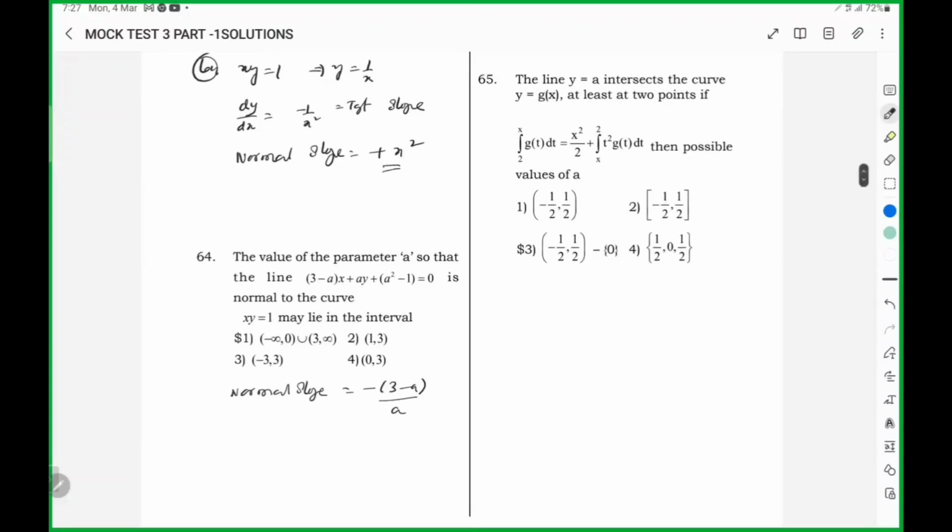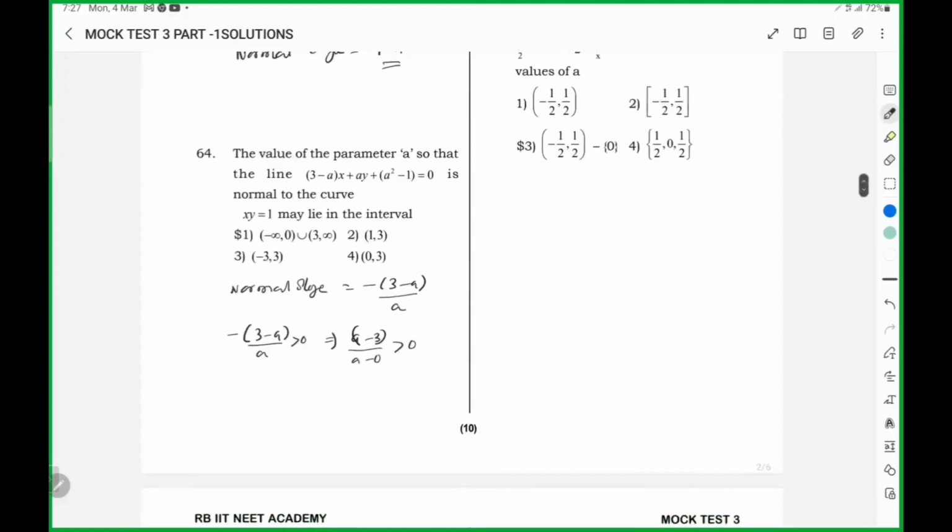So here it is x square, which means it is positive. So a minus 3 by a minus 0 is positive. So by using the wavy curve method for odd powers, we take where it's positive.